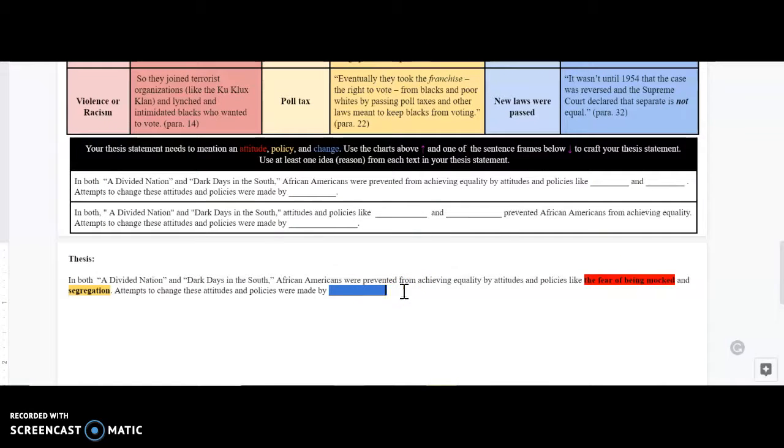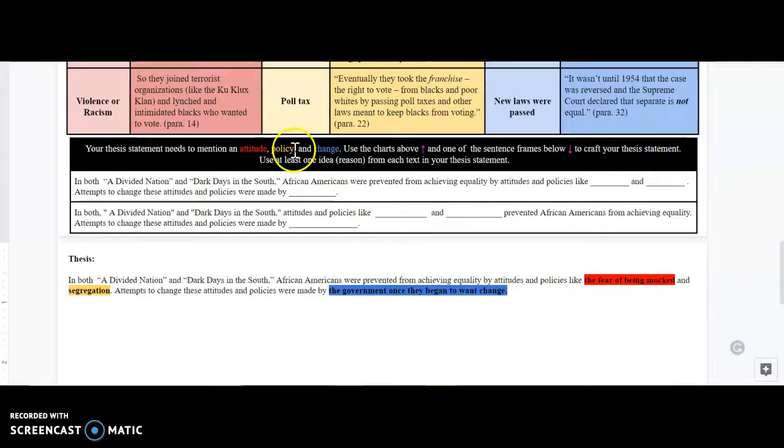Made by, attempts to change these attitudes and policies were made by the government once they began to want change. Now, boom, I have my thesis statement.